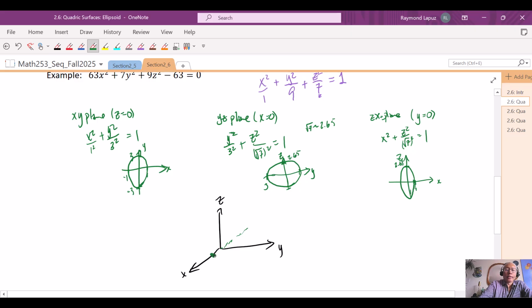We have intercept at 1 and -1, and -1 kind of goes behind the yz plane. We have an intercept at y is equal to 3, so a lot wider here, -3, and then the z goes to about 2.65.